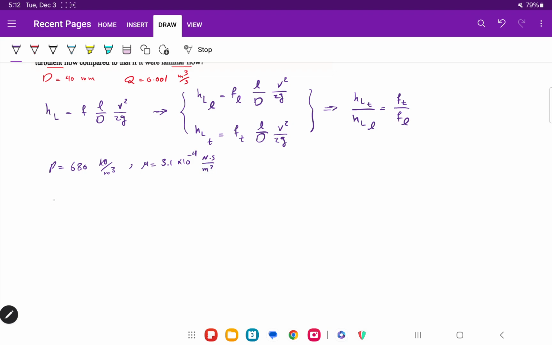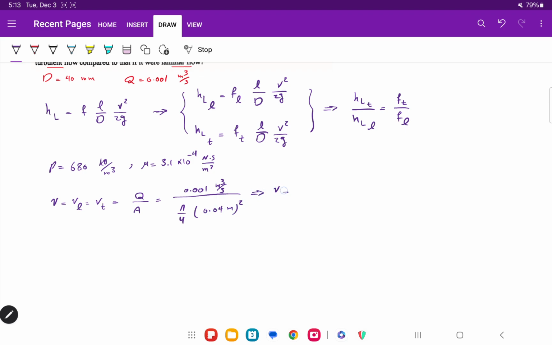And velocity, which should be equal in both laminar and turbulent flows, is Q over A. We know Q, 0.001 cubic meters per second, divided by area, pi over 4, and diameter is 0.04 meters squared.